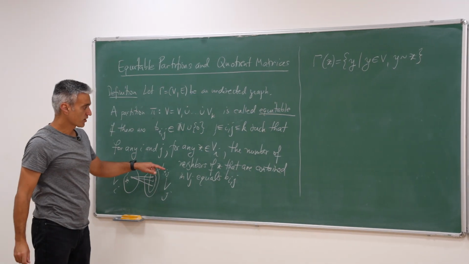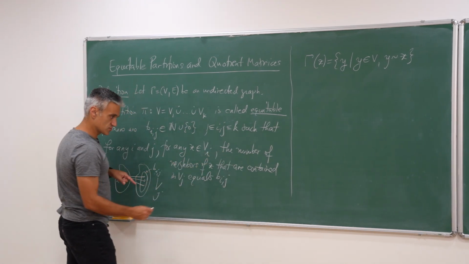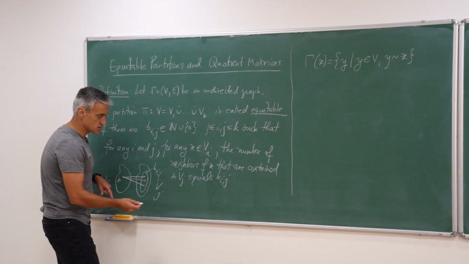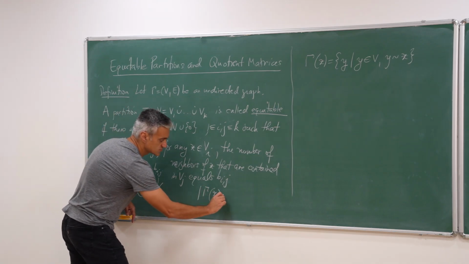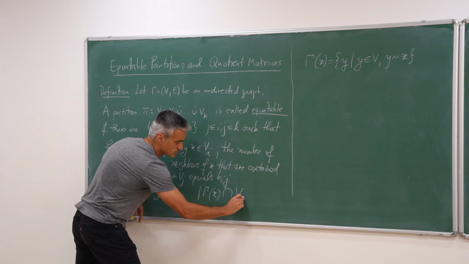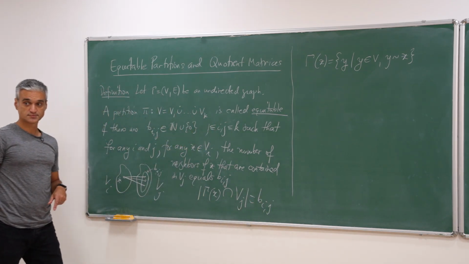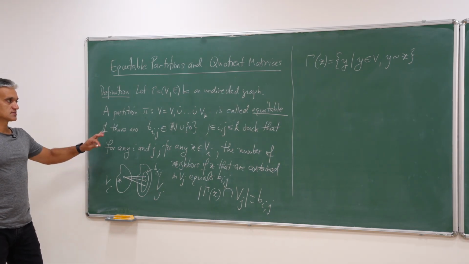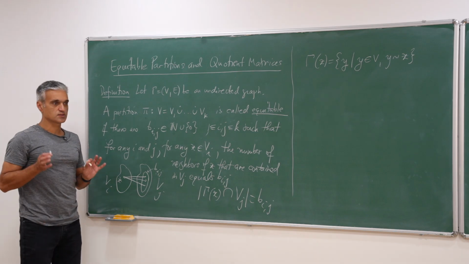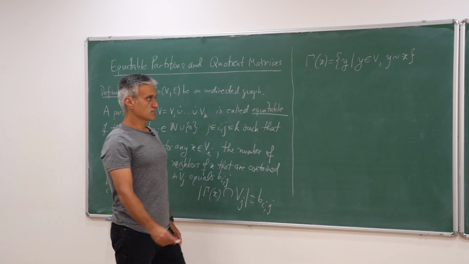The condition, for any x in Vi the number of neighbors of x contained in Vj equals bij, you can write as the cardinality of gamma of x intersect Vj equals bij. I'm sorry, it's a little bit abstract at the beginning, but I'll do some examples and hopefully we'll get comfortable with this definition.